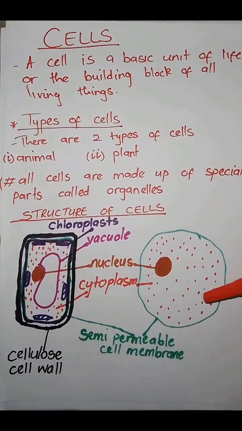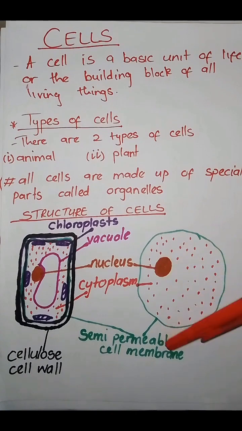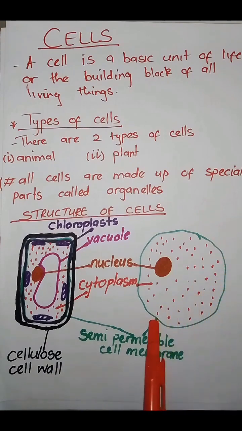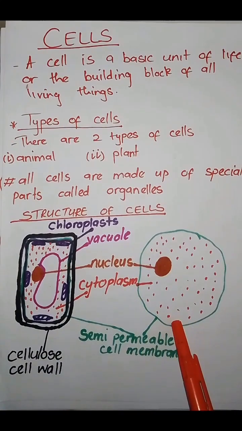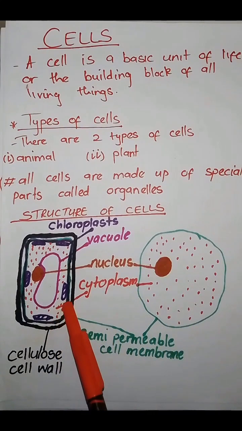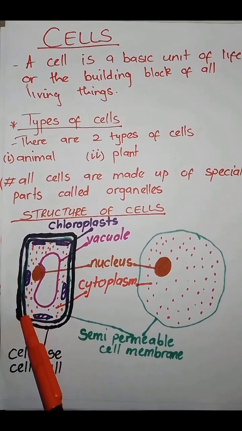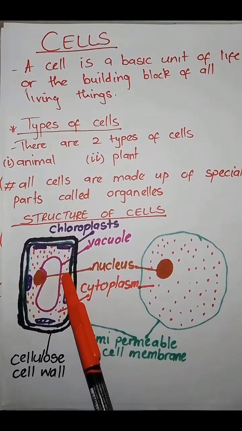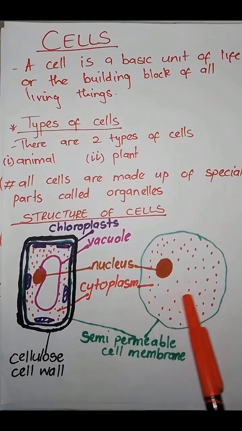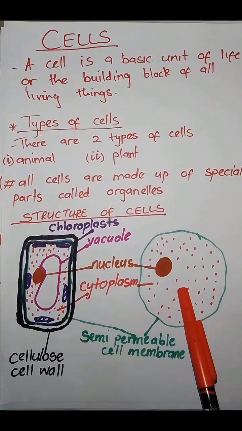So as we have noted the differences between a plant cell and an animal cell, there are also similarities. Here, you can see that we have a semi-permeable membrane on the animal cell, and we also have a semi-permeable membrane on the plant cell. We have cytoplasm on a plant cell, and we also have cytoplasm on an animal cell.